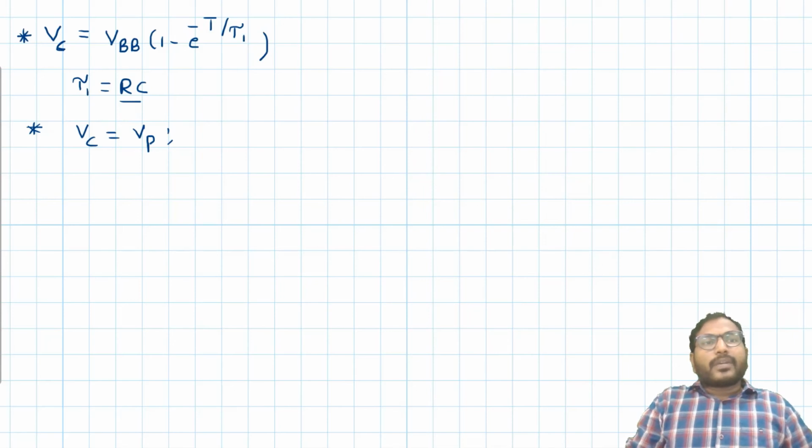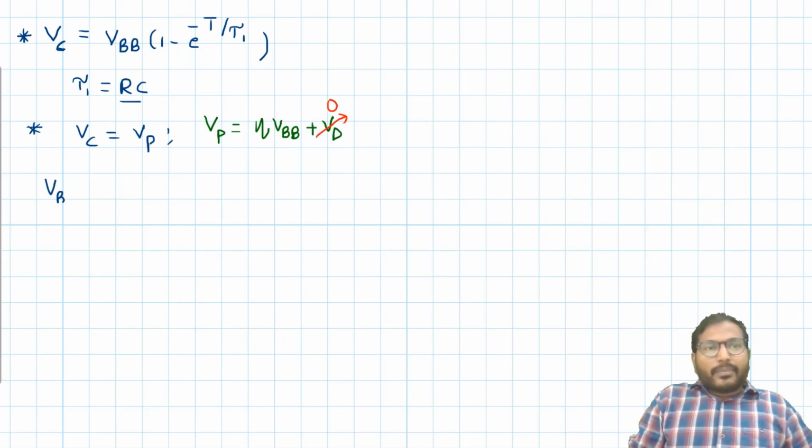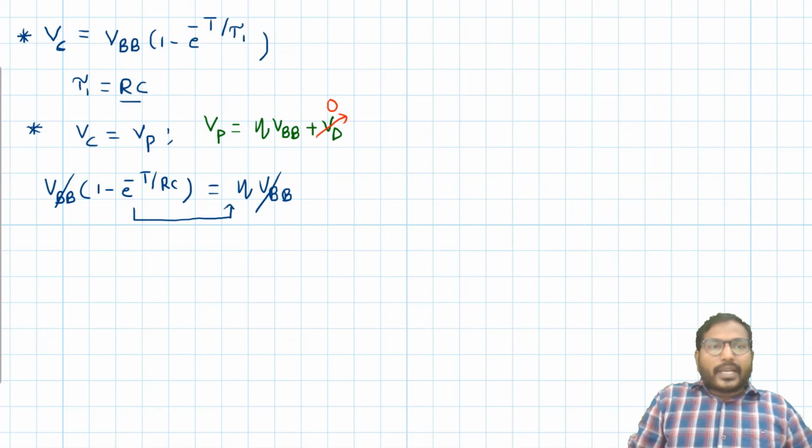VP is the peak voltage, VP is equal to η times VBB plus VD, where VD is negligible, almost 0. Now equating VC to VP, VBB times (1 minus e power minus t by RC) is equal to η times VBB. VBB cancels out. From this relation we can calculate the time period of the UJT.